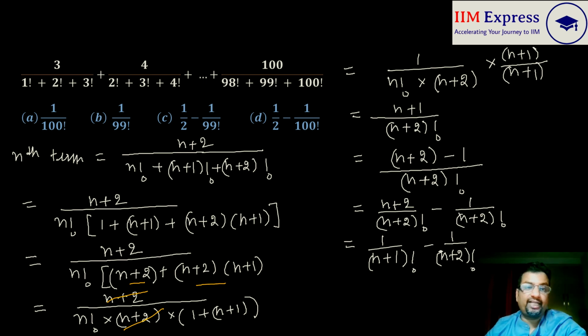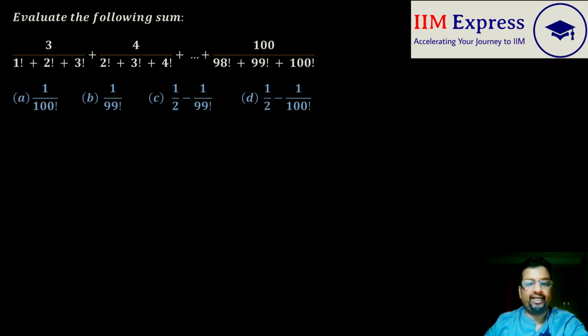So we can write every term in this form. We can write each and every term in this form, and the nth term can be written as 1 upon n plus 1 factorial minus 1 upon n plus 2 factorial.